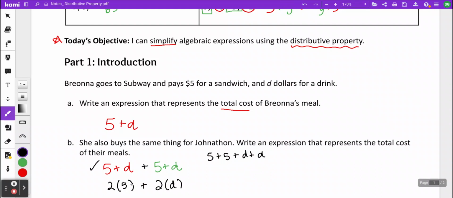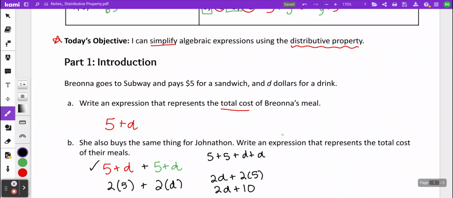For that second one, maybe you said 2D and you put your drinks first and then the 2 sandwiches at $5 each second. Maybe you even said, well, I don't need to write that second part as a multiplication problem. 2 sandwiches would cost $10.